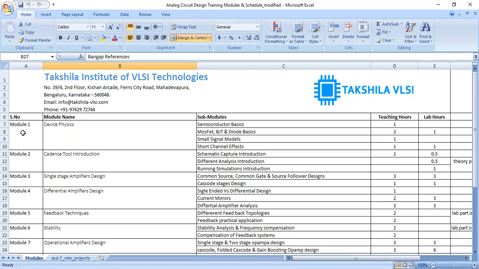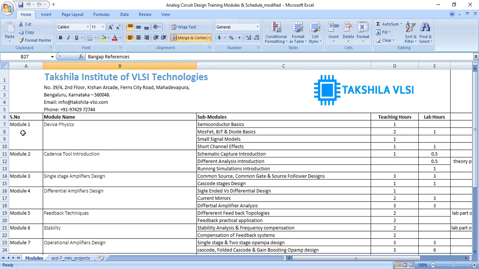The third category are industry professionals again, but not in the analog circuit design domain. They're in some different domain, for example layout design, physical design, software, or embedded, but they want to switch their career to analog circuit design. So how to switch? What is the minimum basics needed for switching? To address all these categories of people, we have designed this course content.